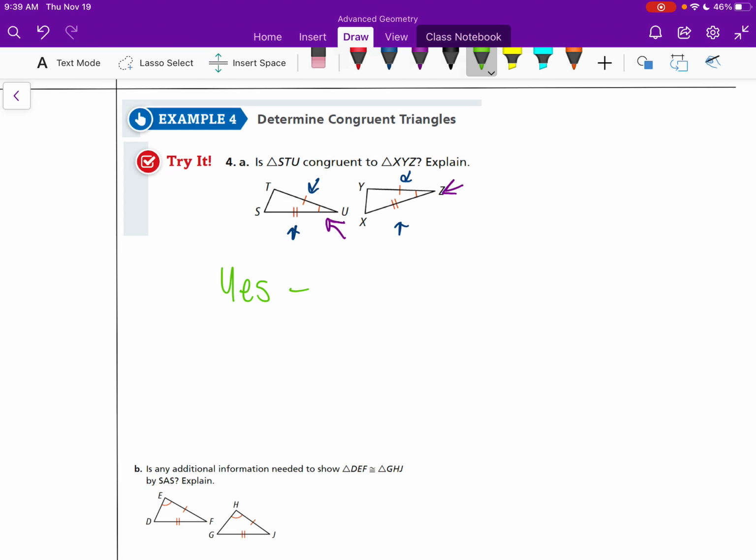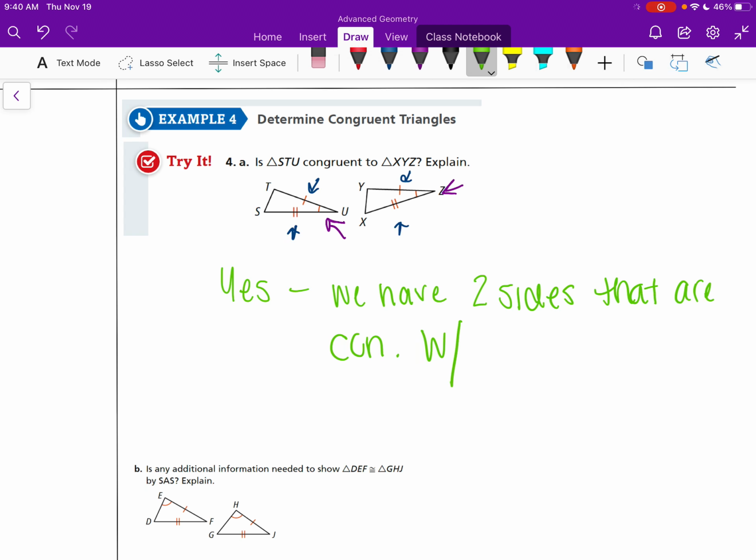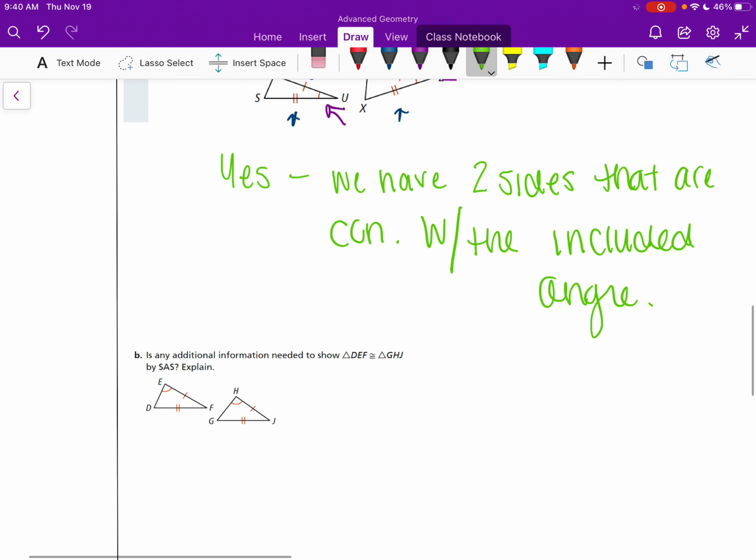And if we were to explain it, you don't have to use formal words, but we have two sides that are congruent with, I'm going to abbreviate, the included angle. Awesome.